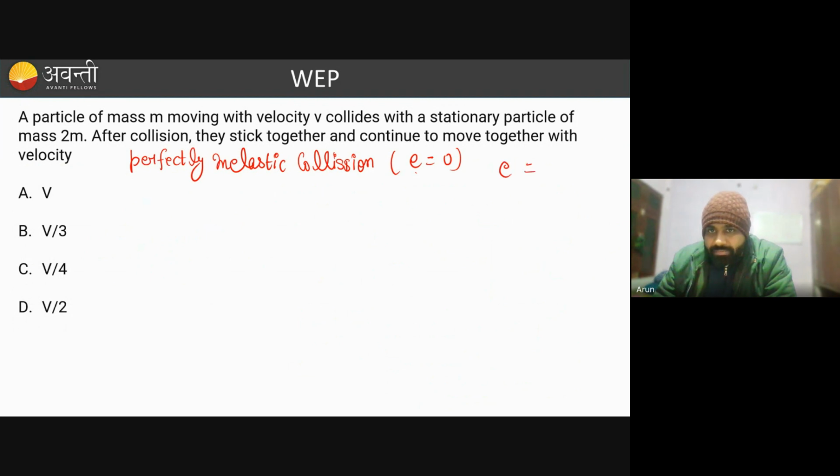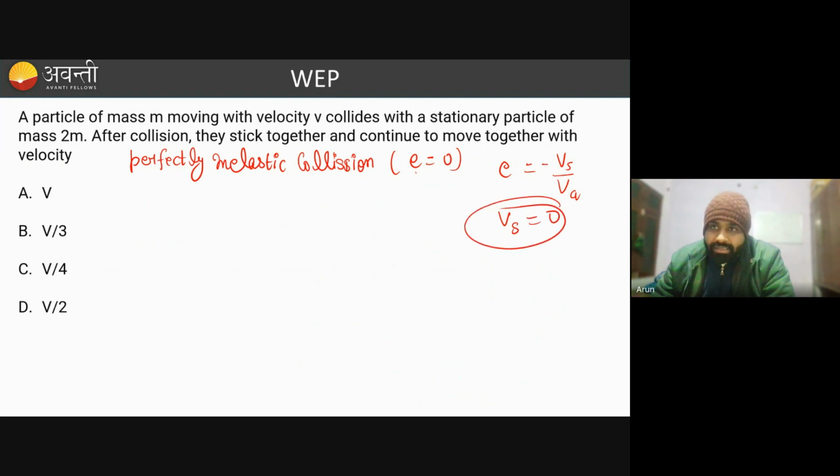So e is given by minus of velocity of separation over velocity of approach. Velocity of approach is the relative velocity of the particles before the collision, and velocity of separation is the relative velocity of the particles after collision. So if e is 0, then velocity of separation will become 0.